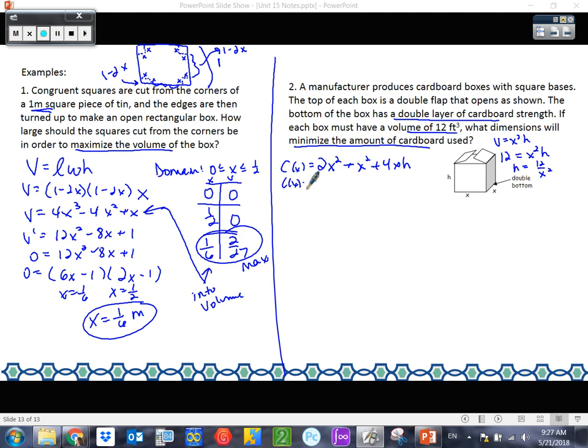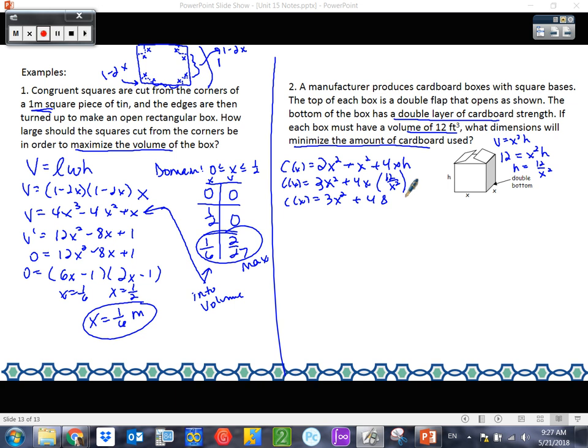So C of x equals 2, actually, it's 3x squared. 2x squared plus 1x squared is 3x squared, plus 4x times 12 over x squared. Okay, so C of x equals 3x squared. So let's work on this. That's 48. And it really would be 48 over x, right?